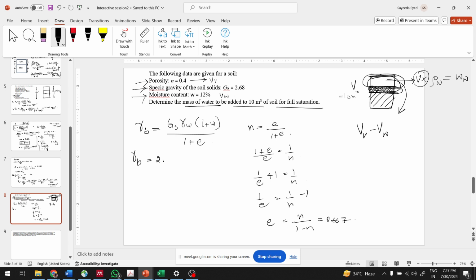Gs is 2.68 into, we are given in meter cube, so let's take 1000 kg per meter cube, into (1 plus 0.12) over (1 plus 0.667).